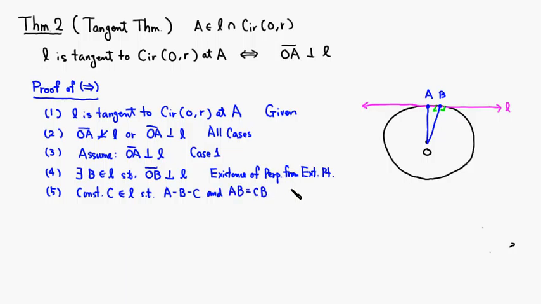This is just the segment construction theorem. So I'm going to construct another point C here, so that the length here is the same as the length there. Then I'm going to look at the two triangles right here.